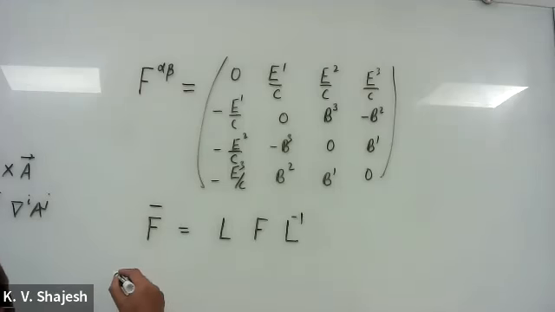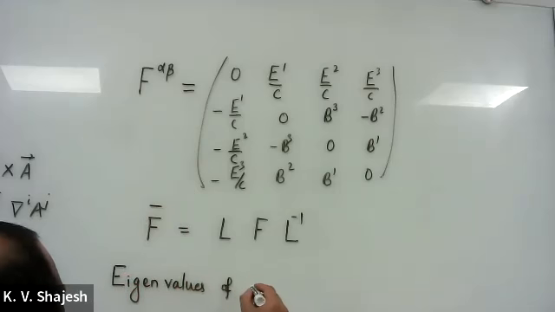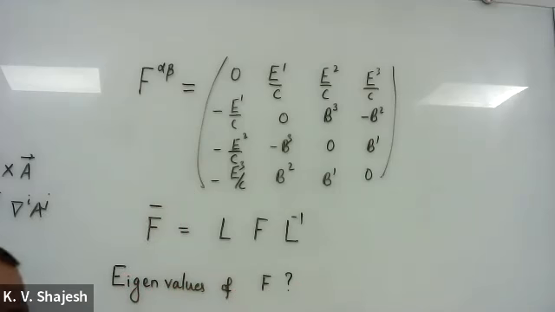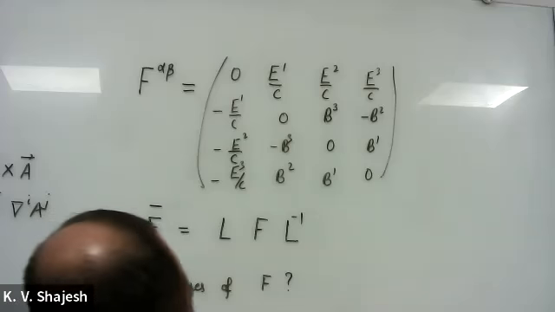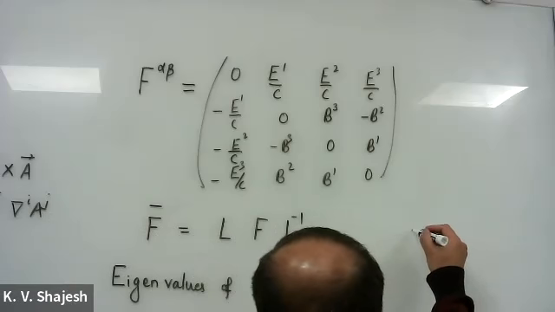And what are the eigenvalues of F? Because that will remain the same in all the frames. It turns out they're not exactly the eigenvalues, but they can be constructed out of what is Lorentz invariant, E squared.